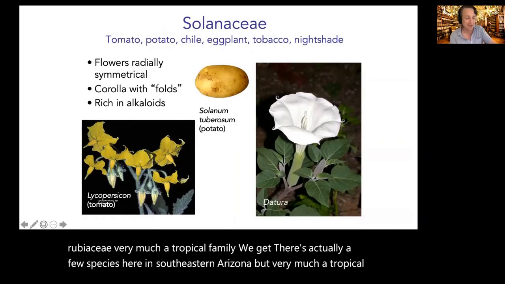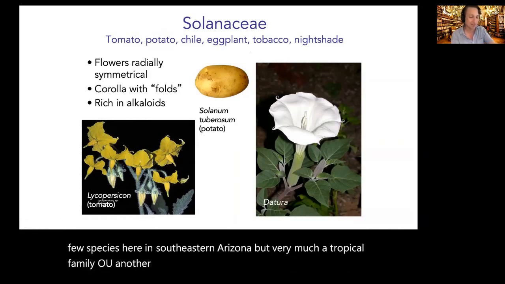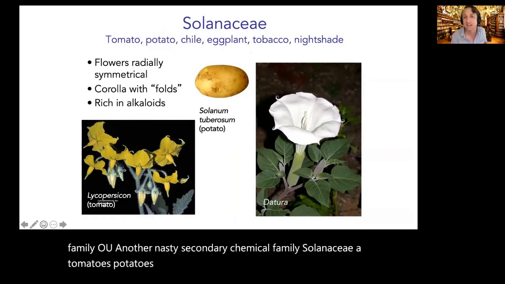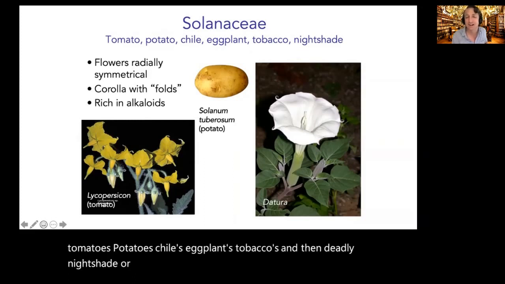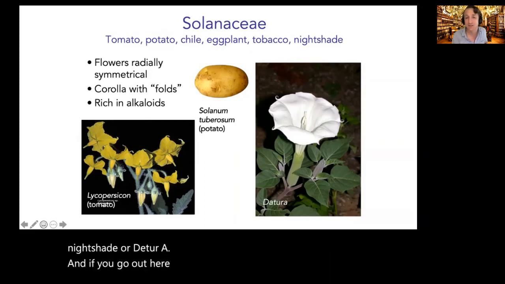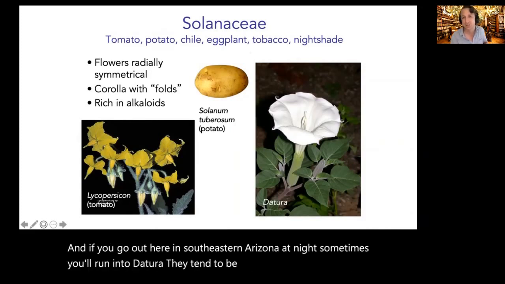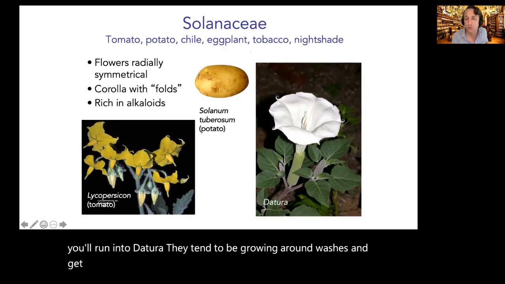Ooh, another nasty secondary chemical family, Solanaceae. Tomatoes, potatoes, chilies, eggplants, tobaccos, and then deadly nightshade, or datura. If you go out here in southeastern Arizona at night, sometimes you'll run into datura. They tend to be growing around washes, and you get these huge, tubular corollas.